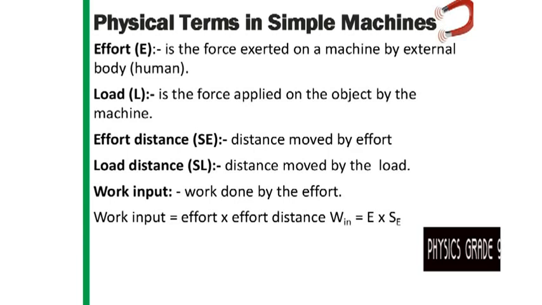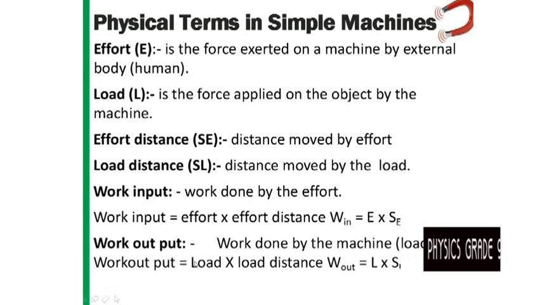Now, in this context, we can write that work input, written as W and then IN to signify that it's input, is equal to the effort, which we signify with the letter E, multiplied by the effort distance. And remember here, we actually used SE to represent the effort distance.